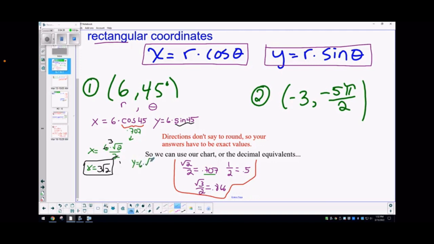And then sine of 45 is going to be that square root of 2 over 2. And again, you want to make sure you reduce it. So you're going to get that y equals, again, 3 square root of 2.